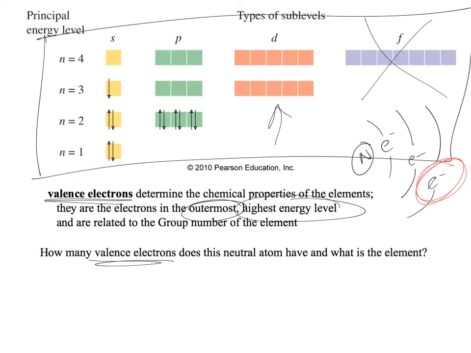Those are the ones I'm interested in because they determine chemical properties, which means reactions. It's the outermost electrons that mix with other outermost electrons. Give or take, they're exchanged. That's stuff we'll get into later, but that's why they're so critical.